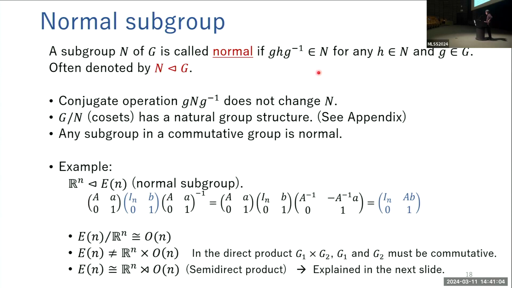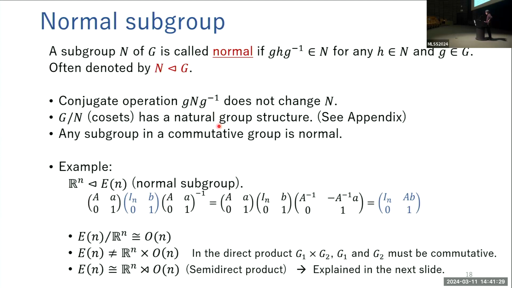And this, the stability of the subgroup by the conjugacy operation, is used as a definition of normal subgroup. So in short, the normal subgroup is a class of subgroup which is stabilized by the conjugacy operation.